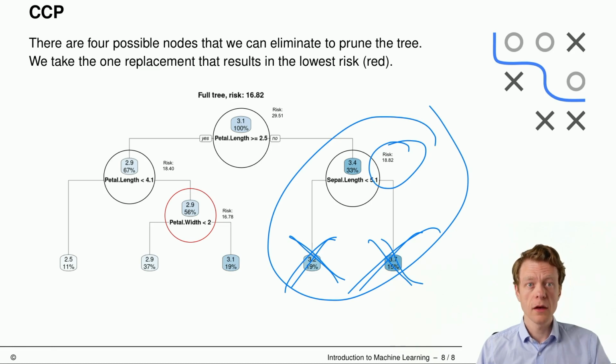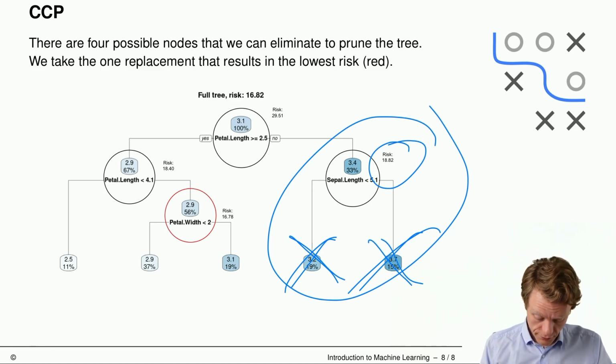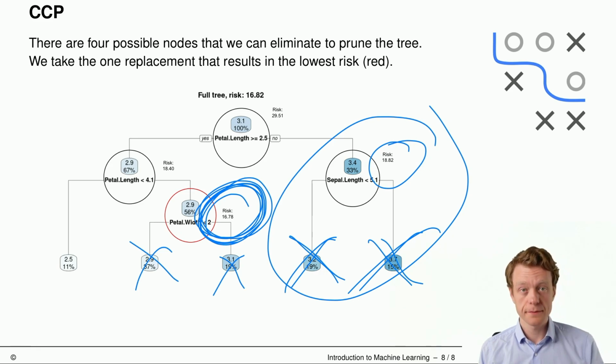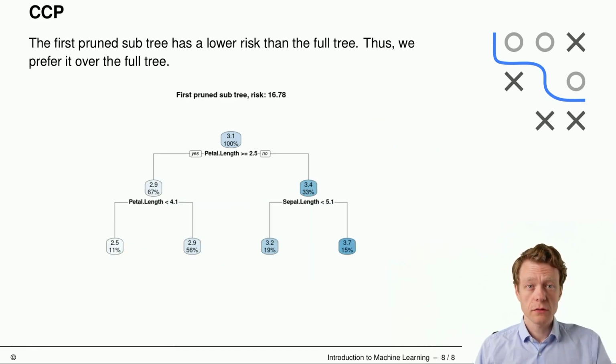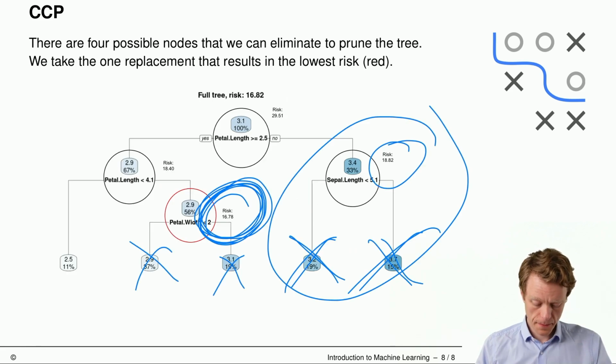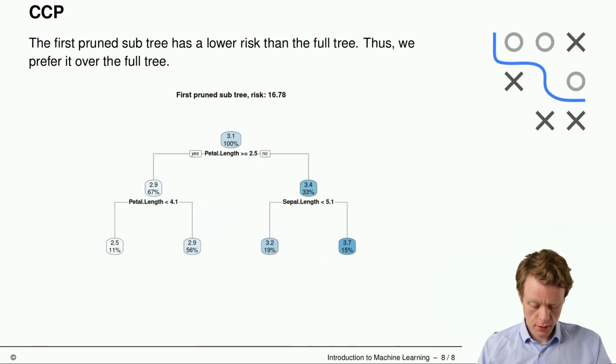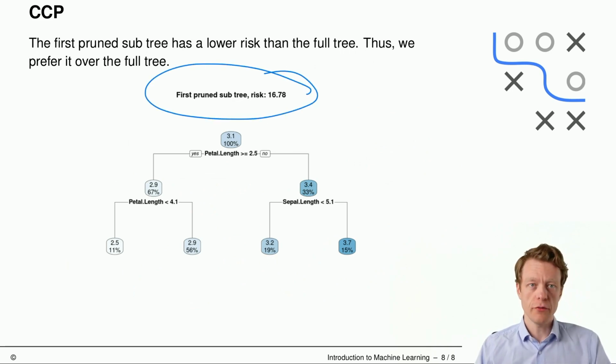And we do the same thing for all the 4 internal nodes, and it turns out that the best risk improvement is by cutting away those 2 leaf nodes here, because this results in a risk of 16.78. So this is the tree after replacing this internal node by a leaf, and this is then the regularized risk of the subtree.